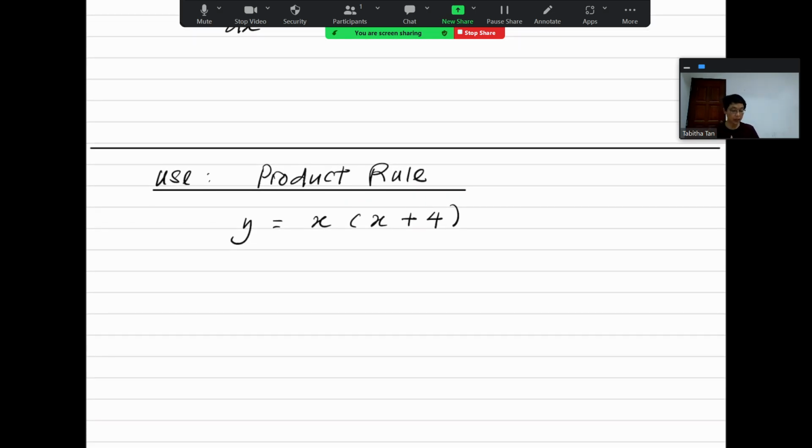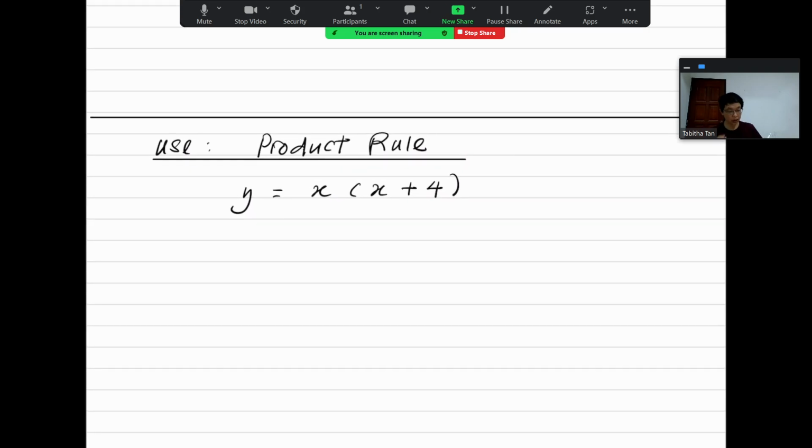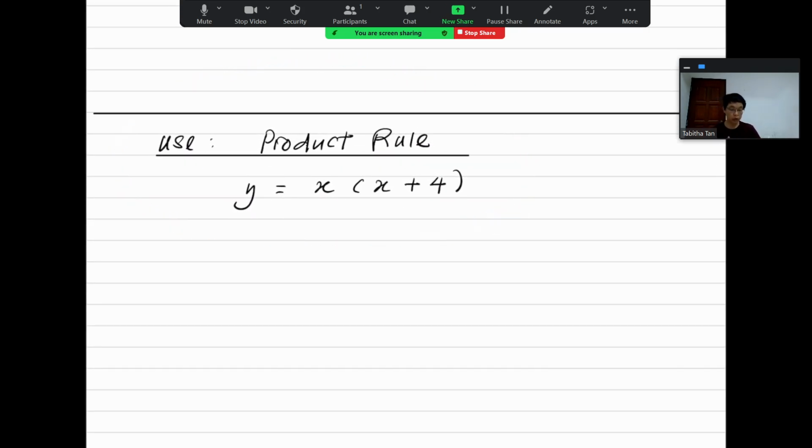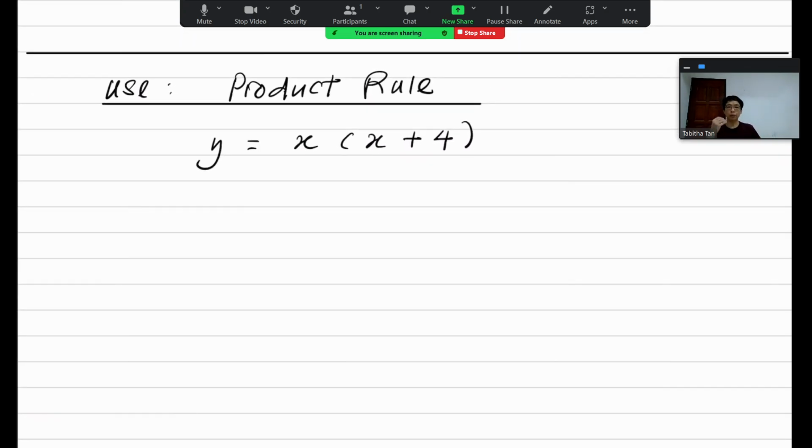Let's go to the second approach. If the question explicitly mentions that you need to use the product rule to differentiate this, then we will just recall that the key idea about the product rule is taking turns to differentiate and taking turns to rest. What does that mean?